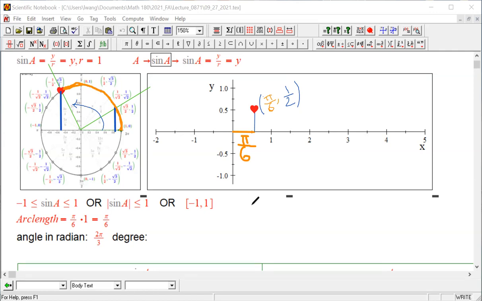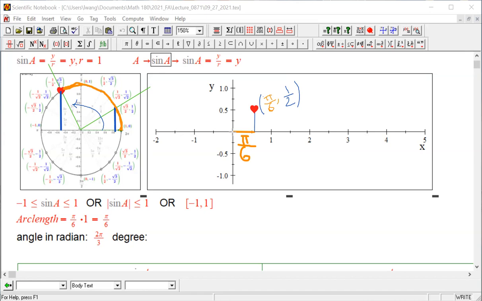I take it out, I make it straight, straighten it out, and I'm going to measure from the same place. This angle is measured counterclockwise, therefore it's a positive angle. Then this is 2 pi over 3. And you can estimate the numerical value of 2 pi over 3. Could you guys give me the numerical value of 2 pi over 3?